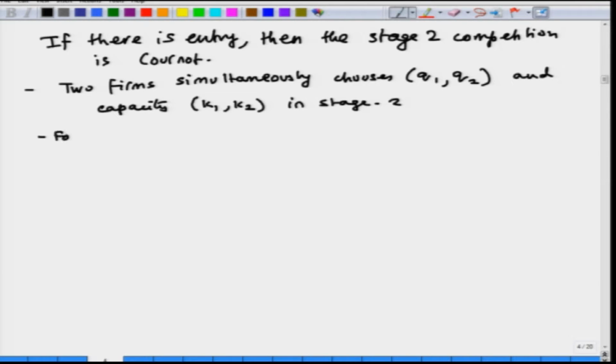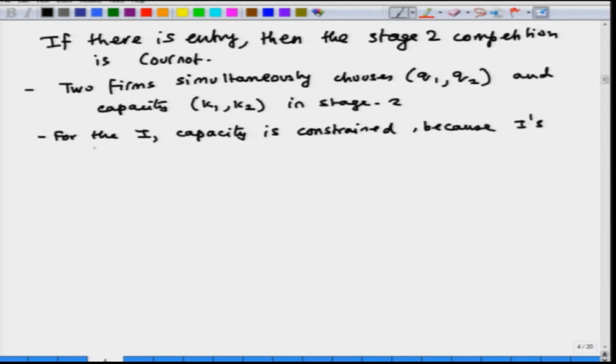For the incumbent, the capacity is constrained, because in stage 2 the capacity cannot be less than K1 bar. And we have mentioned that the incumbent can increase capacity, but it cannot reduce it.